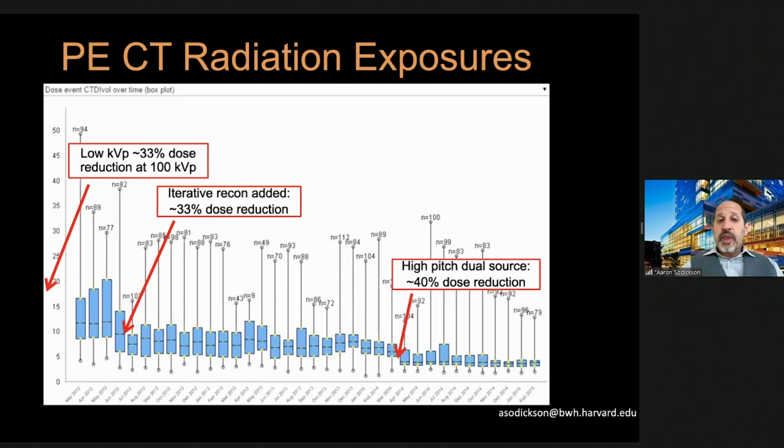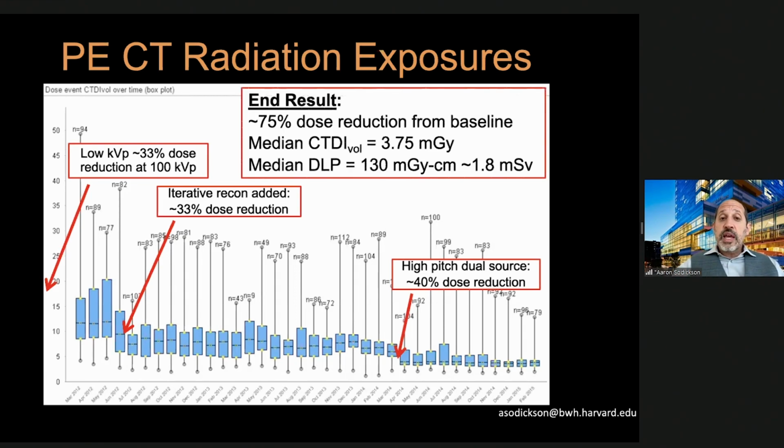And so each of these steps is a relatively modest radiation dose reduction, but if you take them all together, we end up with a roughly 75% radiation dose reduction from where we started back in 2010 or so. The median CTDIvol for these scans is down to about 3.75. The median DLP, 130 milligray centimeter.